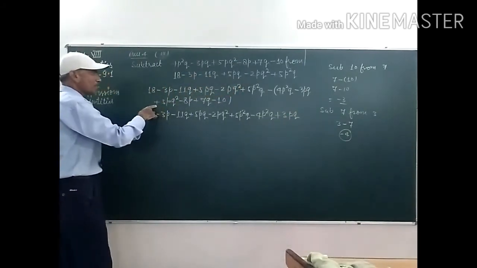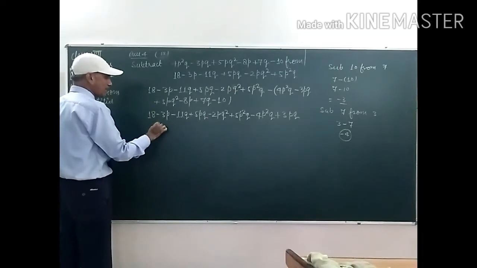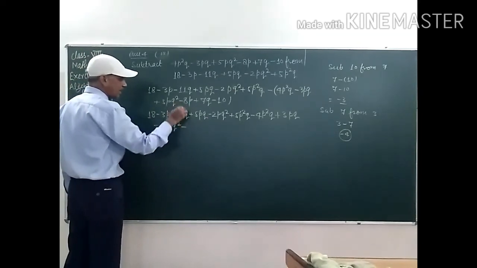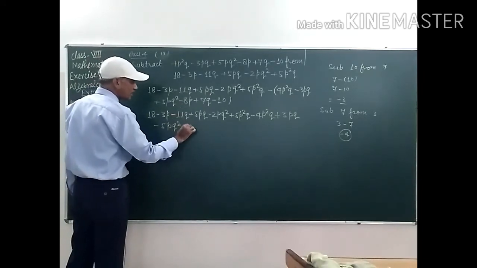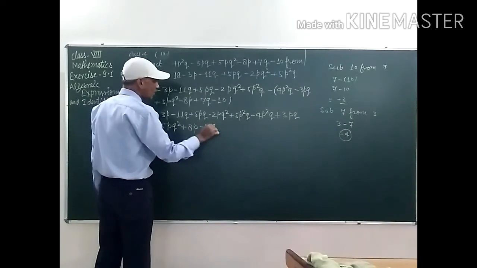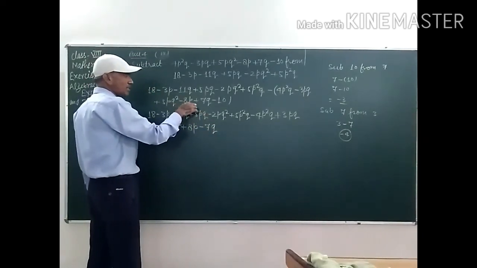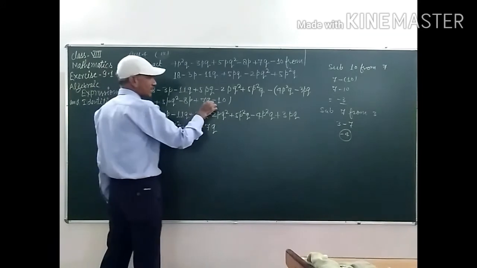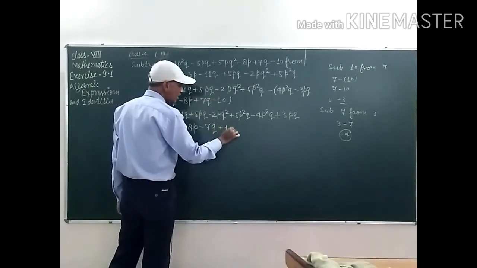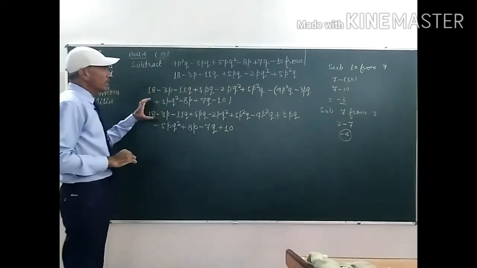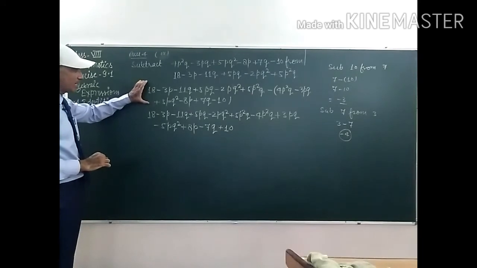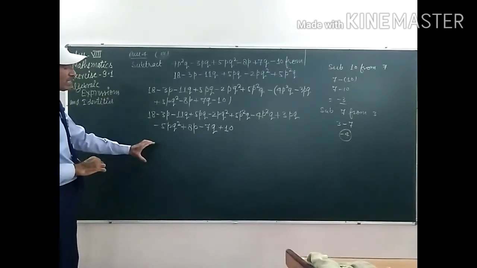Again this plus will be minus 5pq square, and minus will become plus, that is 8p minus 7q. This one plus, so minus into plus will be minus, and this one minus, minus into minus will be plus 10.